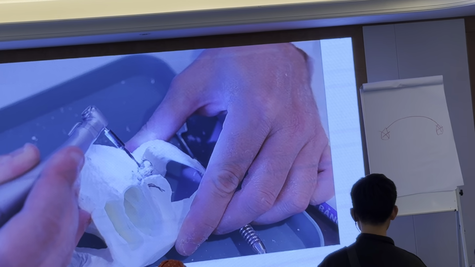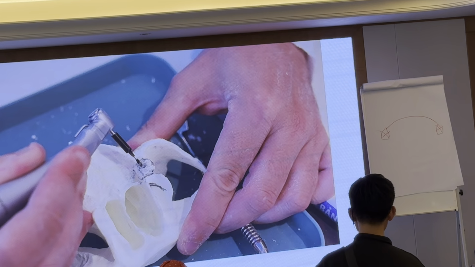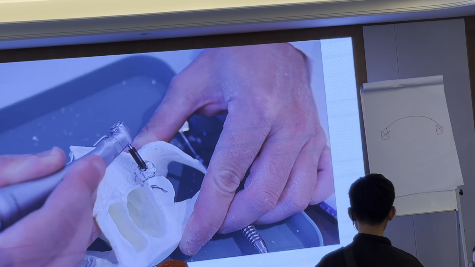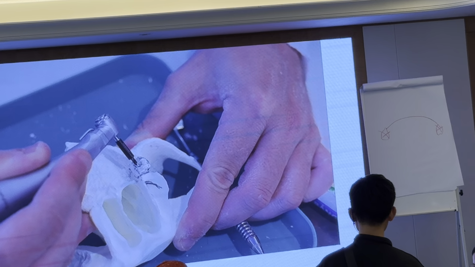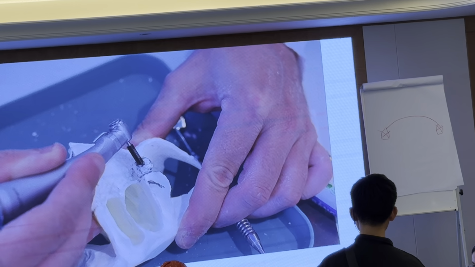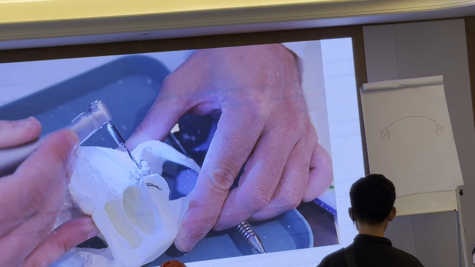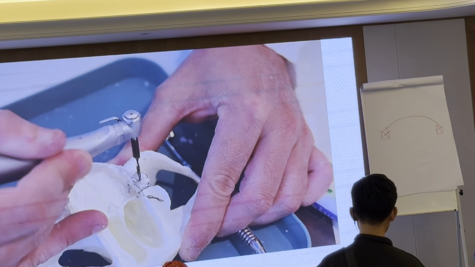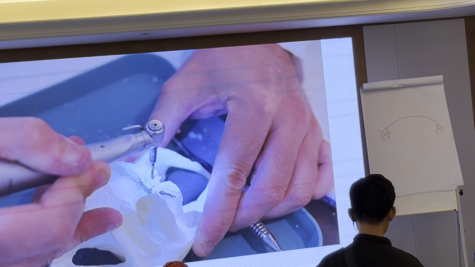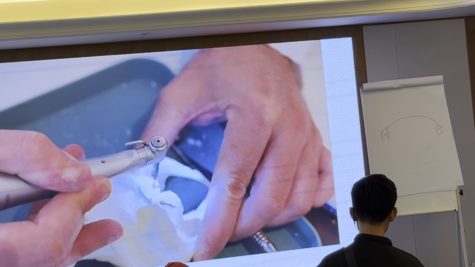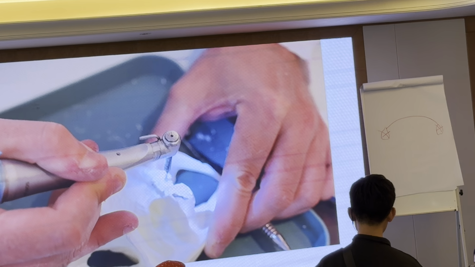Soft, and then I fall down. No resistance. It means that this implant will not have torque. Or I'm like that, too vertical. I feel soft, and then I fall down. I am inside the maxillary sinus.